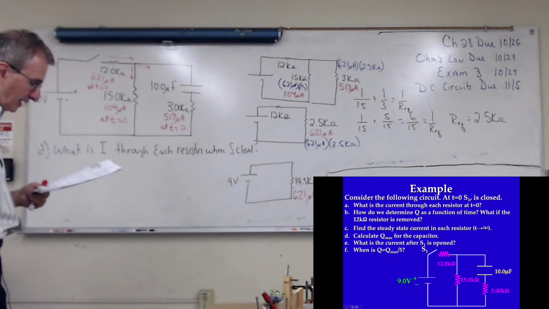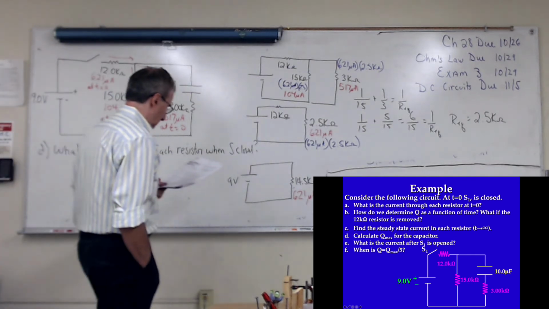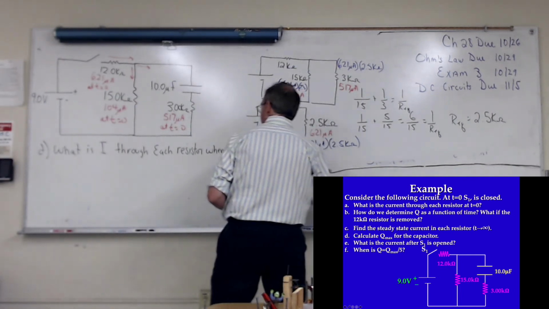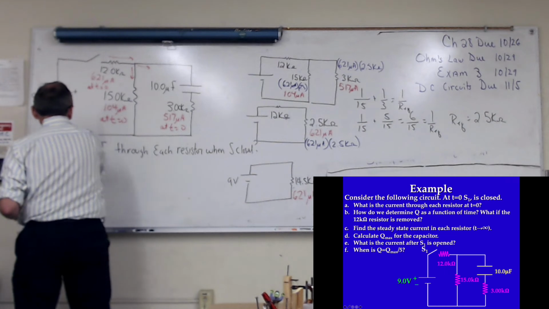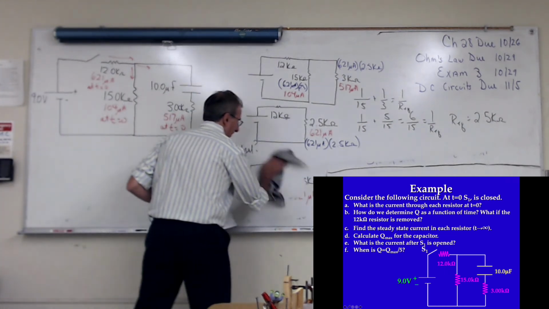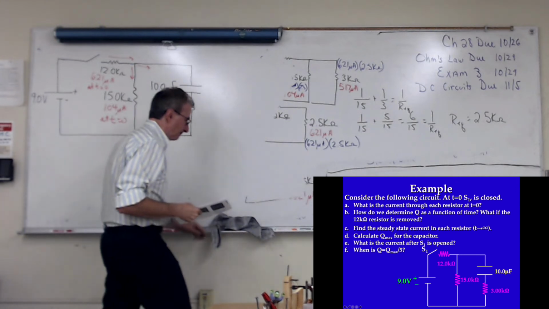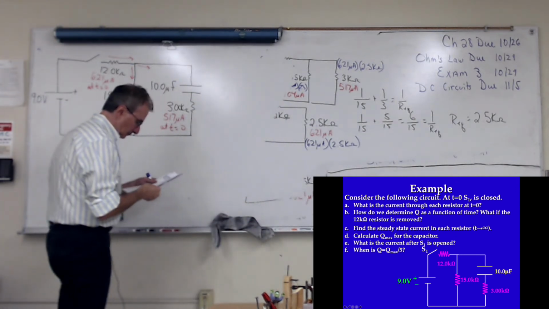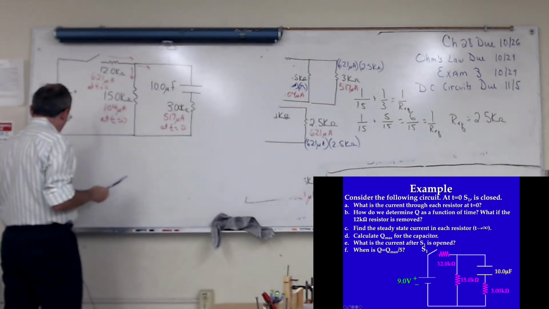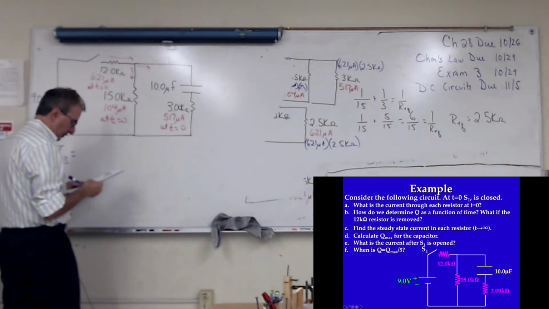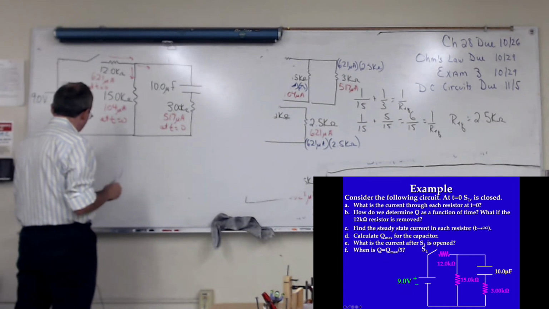And in fact, I did that. If you want to play around with it, I looks like this. The current through the 3 kilo ohm resistor is this.